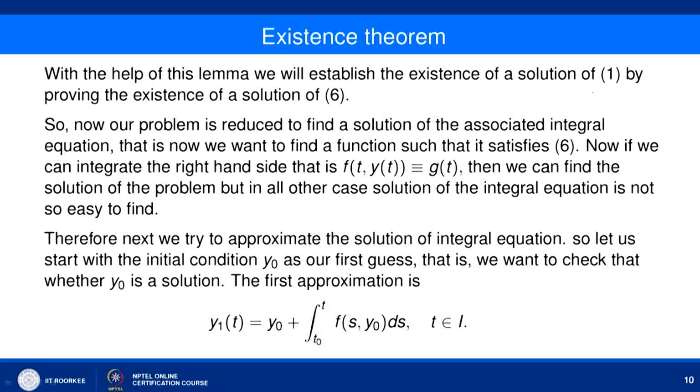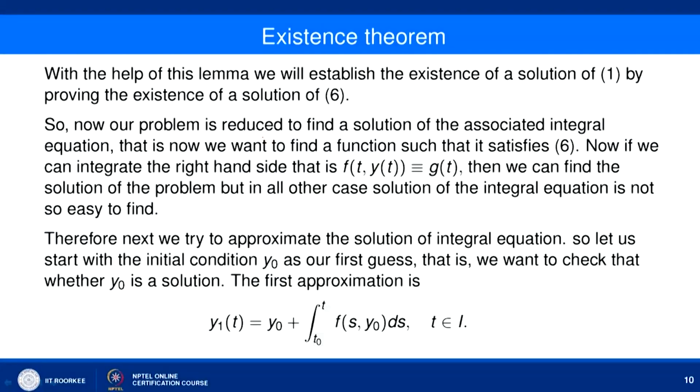So, our working procedure is to find the solution of the integral equation rather than the solution of the differential equation. These two are equivalent, so once we have the existence of a solution of the integral equation, we have a solution of the differential equation. Now our problem is reduced to finding a solution of the associated integral equation, that is, a function that satisfies 6.